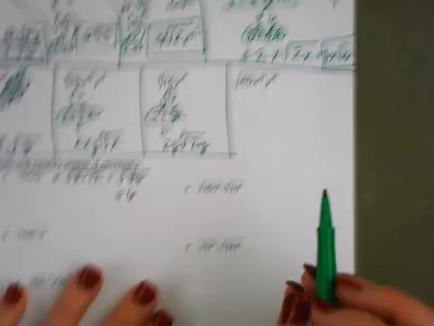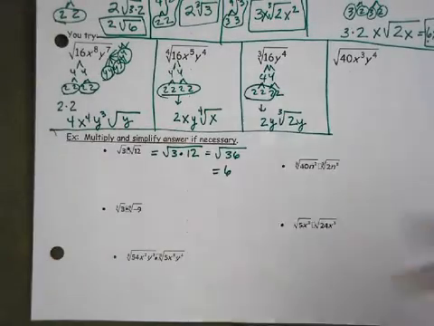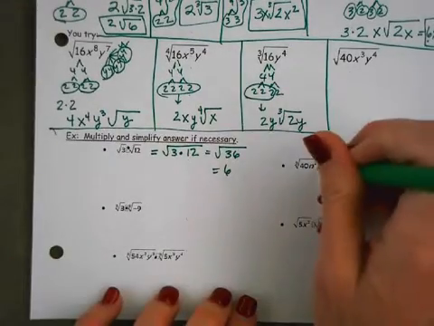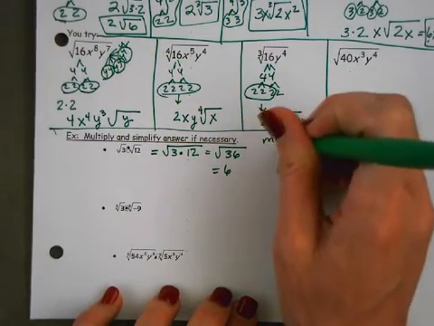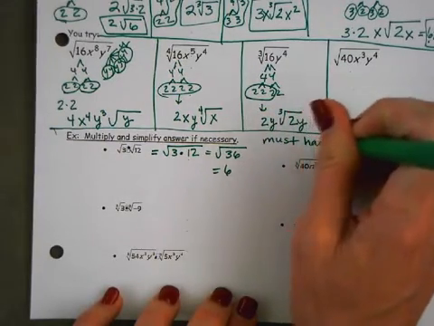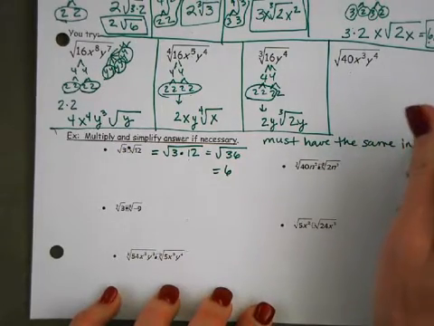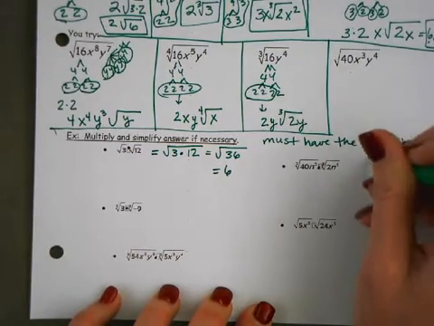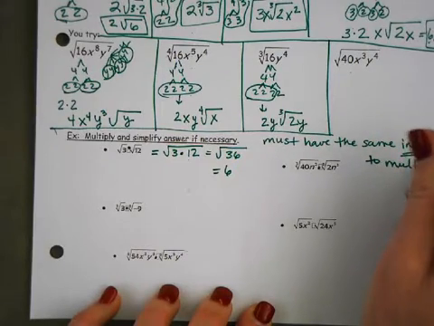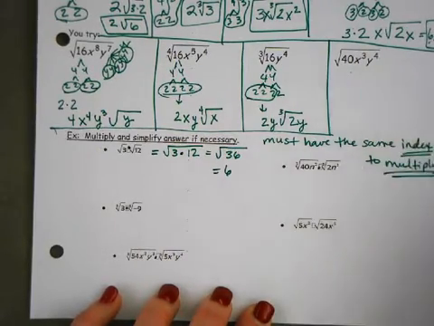We have the cube root. Now, before you do this, the one thing you have to make sure is you must have the same index to multiply. Okay?